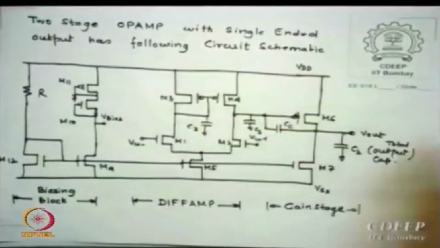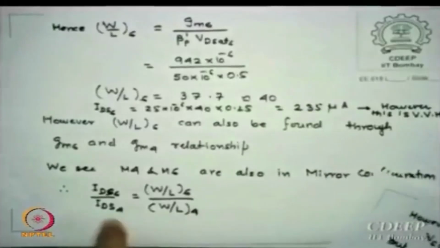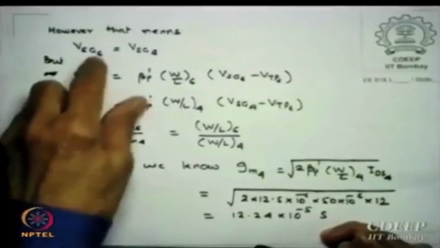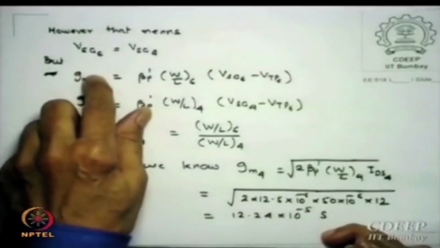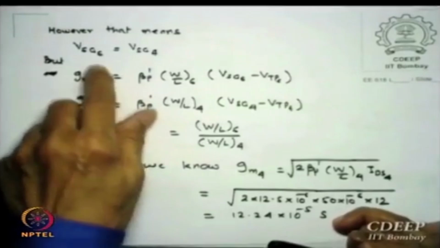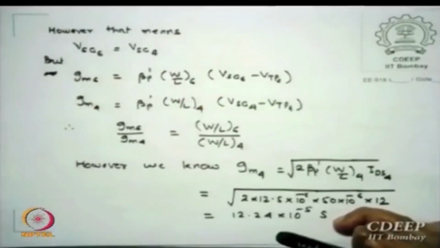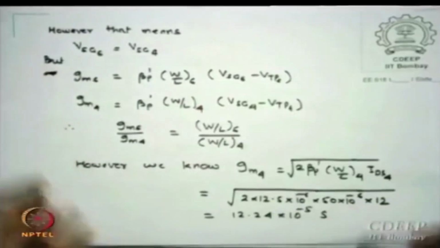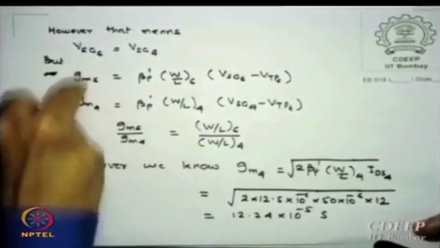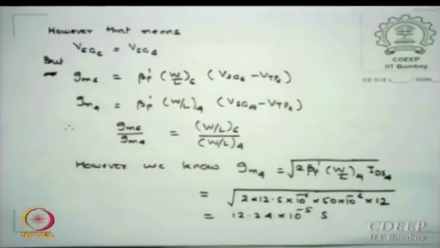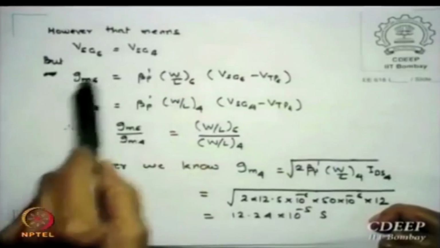Okay, this is what we did. I also have my expression, you can see that. So IDS6 by IDS4 is the ratio of sizes. However, that means, and that is the verification, VSG6 equal to VSG4. You asked for this condition, so I equated them for this condition. I calculated gm6, I calculated gm4, so VSG6 is equal to VSG4.